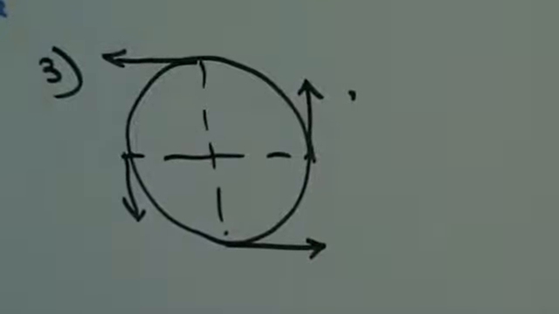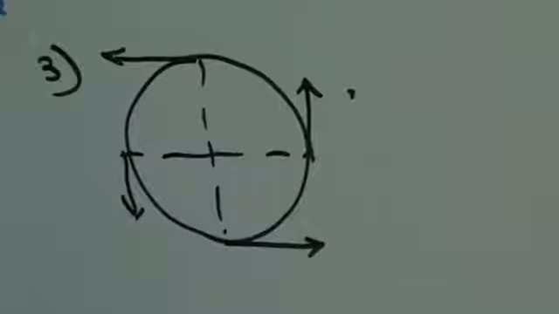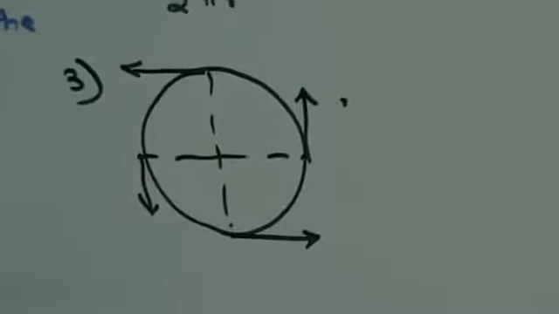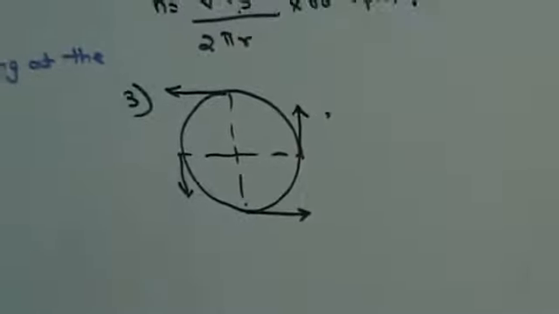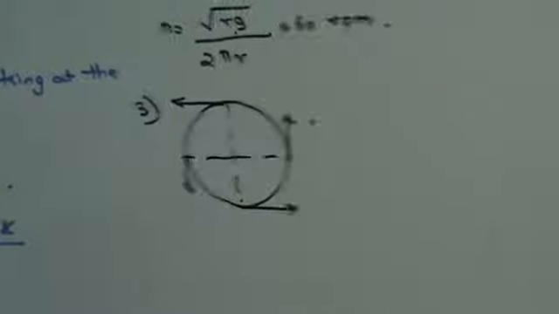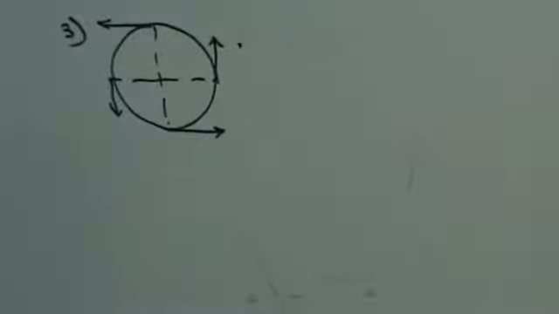Assuming g to be 9.8 meters per second square, find the force in the string when the stone is at the top, second part at the bottom, third at level with the center.